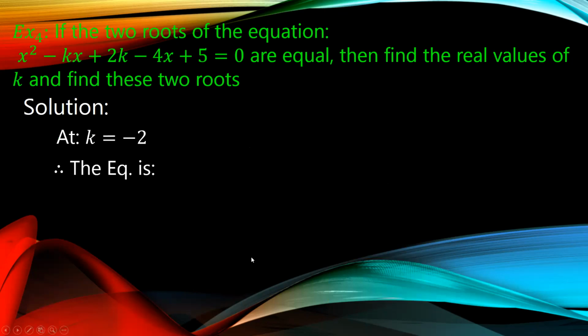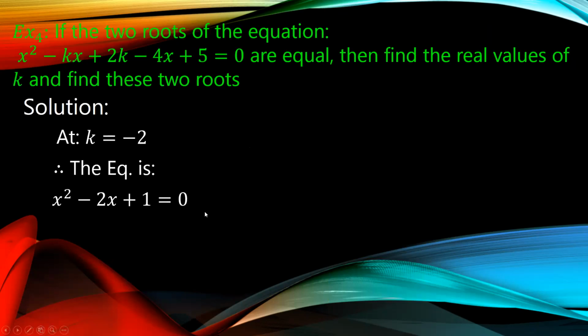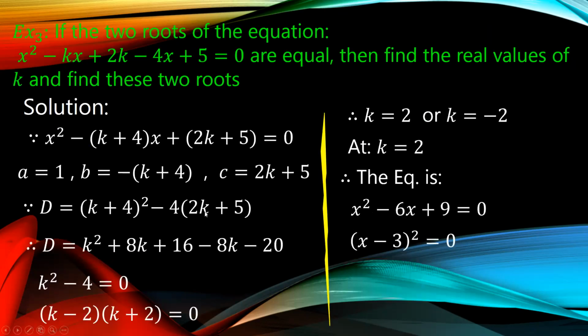At k equals -2, I substitute in this equation and get x^2 - 2x + 1 = 0, so (x - 1)^2 = 0 by factorizing, then x equals 1. Then the two roots are 1 and 3, and the value of k is 2 or -2.